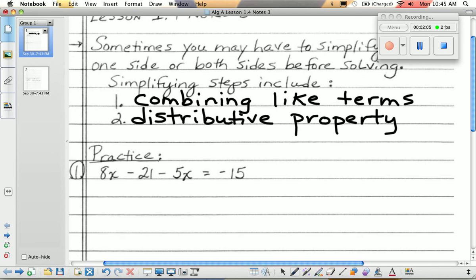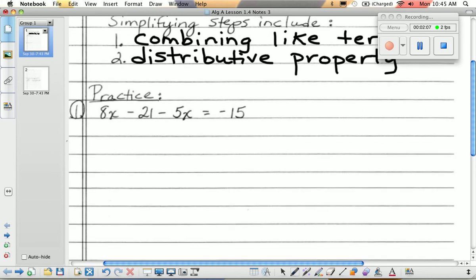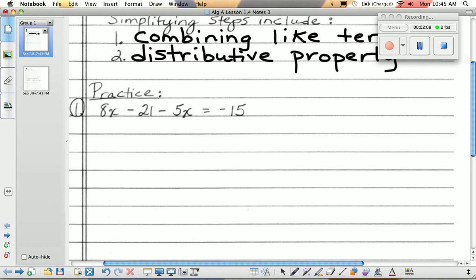Okay, so we are going to look for one or both of those things, to see if either of them needs to be done. Sometimes even both of them need to be done before we can go to work solving. Now, listen really carefully as I'm going through this about when we are actually simplifying and when we are actually solving, because when we're simplifying, we don't do the same thing on both sides of the equation. We just do it on that side.